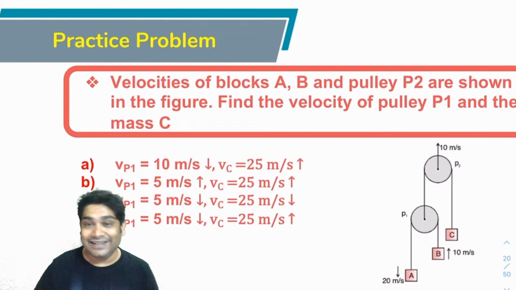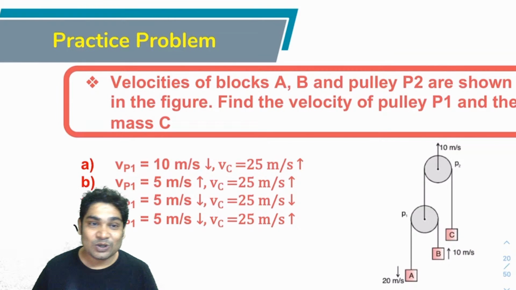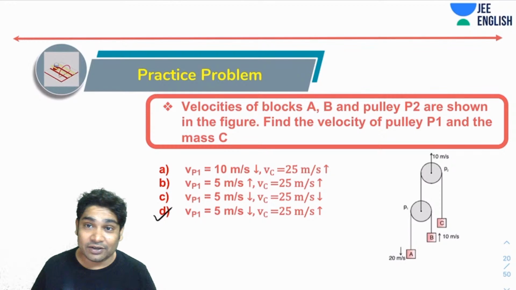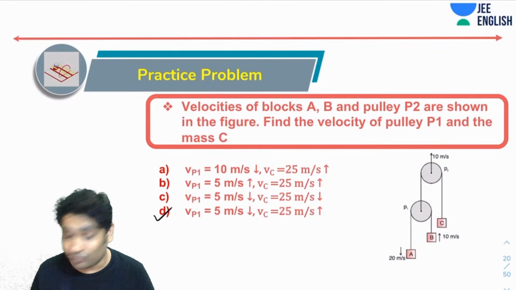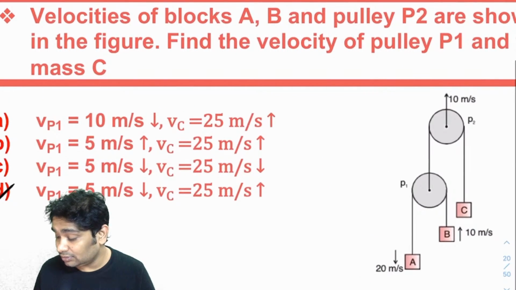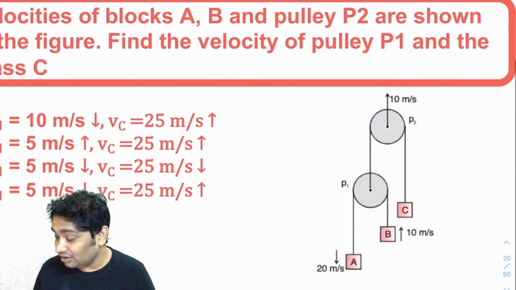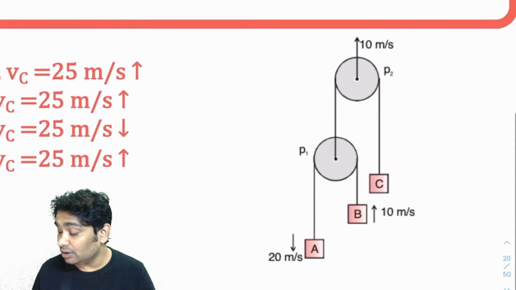All right. Yes, D is correct. D is absolutely correct. So good. Well done. Of course, all you need to do is use the constraint equation. That is what you can do first of all. So let's see.